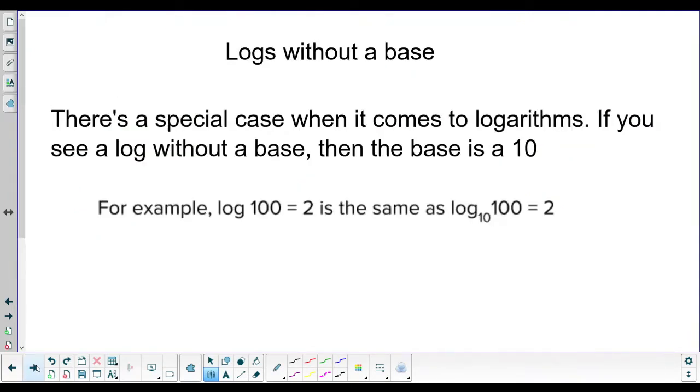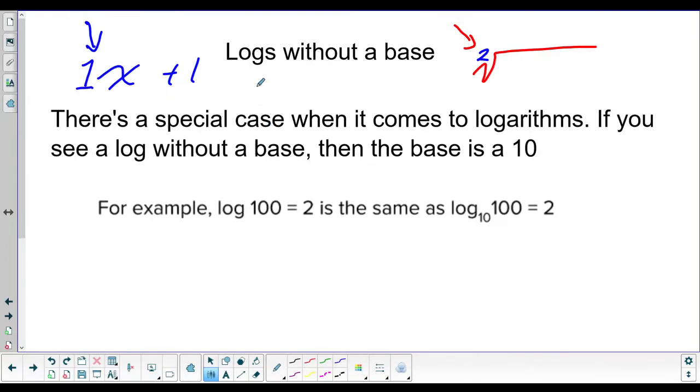All right. So now let's talk about some just semantics, right? We know in roots, if we have a root and it doesn't tell us the index, it's an invisible 2. The same way, if you have x plus 1, the invisible coefficient here is a 1. So we have a lot of invisible numbers in math that we know just because if we don't write them, we've all agreed that they're a certain number.